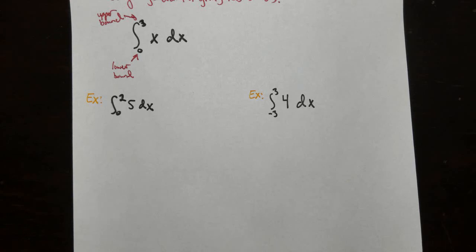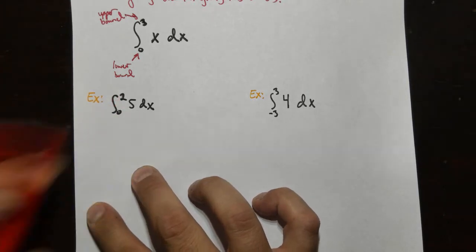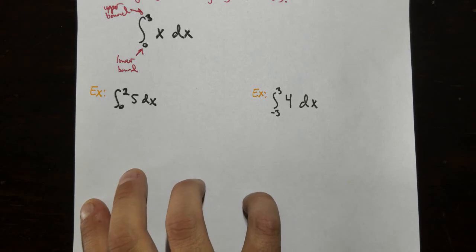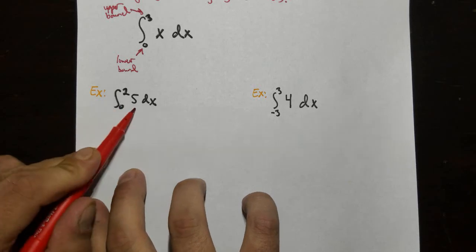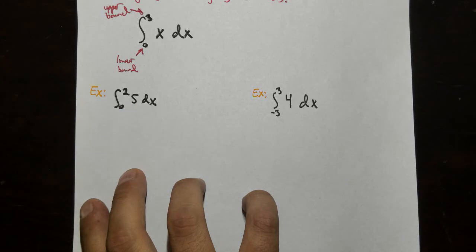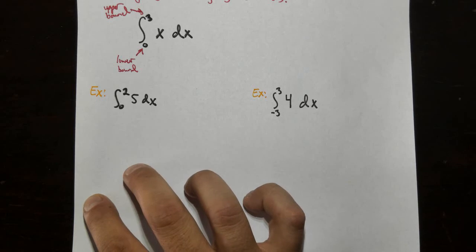So if we have from 0 to 2 of 5 dx, let's first take the integral of this. Well, we have to kind of think backwards here. What would give us a derivative of 5? Well, wouldn't 5x give us a derivative of 5? Because remember, the x goes away when we find derivatives.